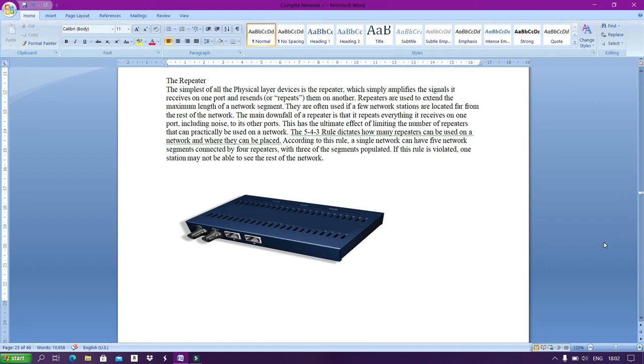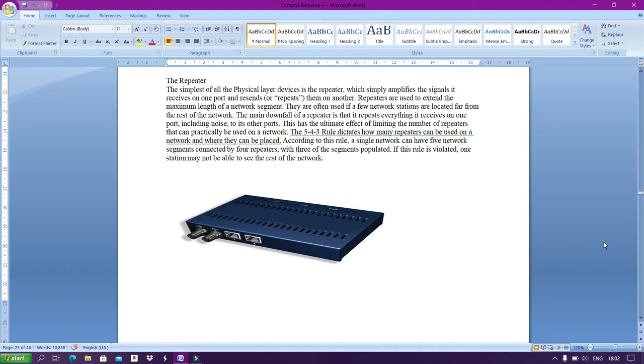The main downfall of a repeater is that it repeats everything it receives on one port, including noise, to its other ports. This has the ultimate effect of limiting the number of repeaters that can practically be used on a network. The 5-4-3 rule indicates how many repeaters can be used on a network and where they can be placed.